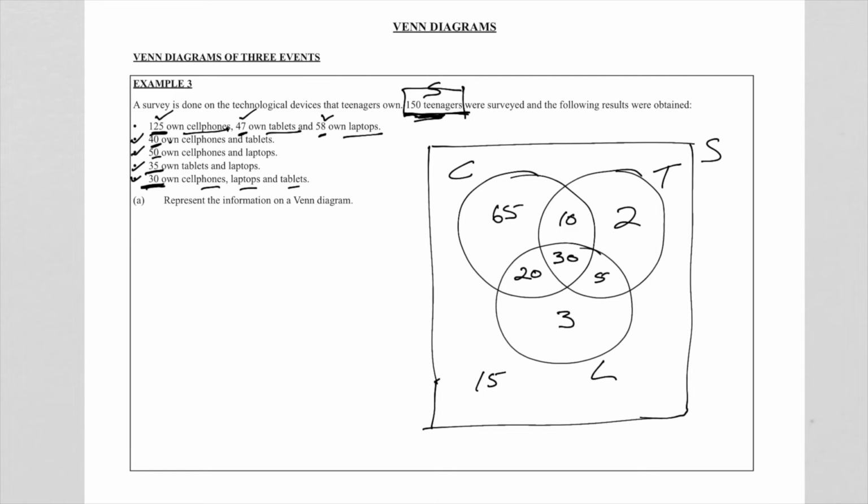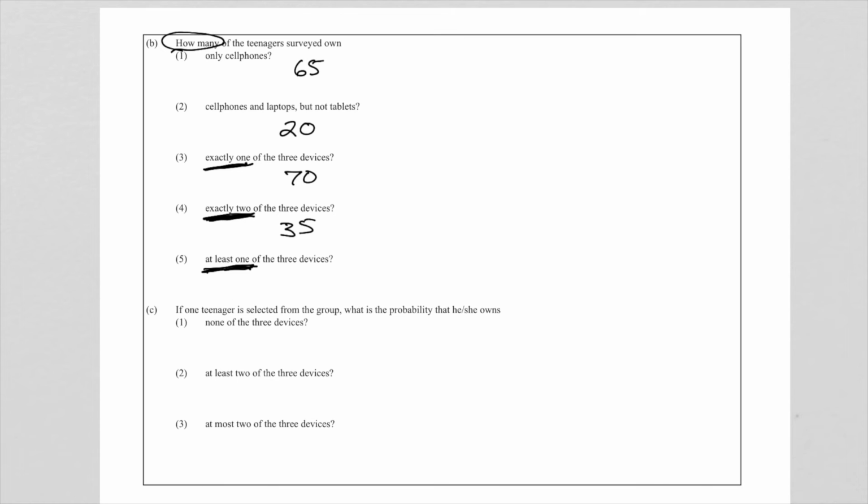So this answer, quite easy, is just the 150. Subtract the 15 will give us that total, or you can just add them. So that answer, I hope you agree with me, will then be 150 minus the 15, which is 135. So that is the number of teenagers, this 135, that own at least one of the 3 devices.